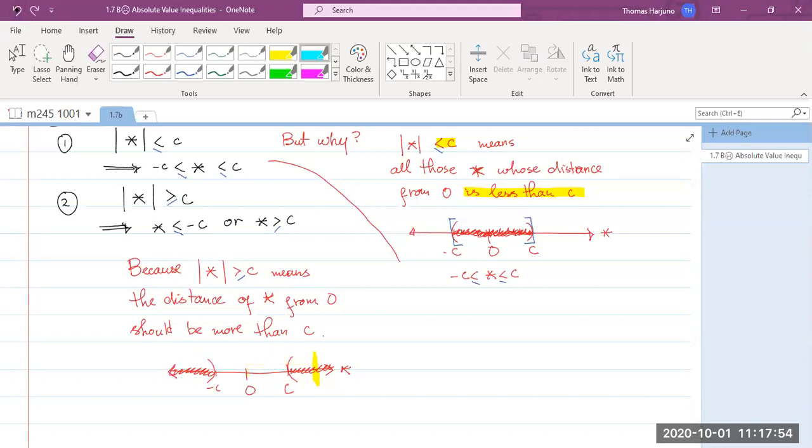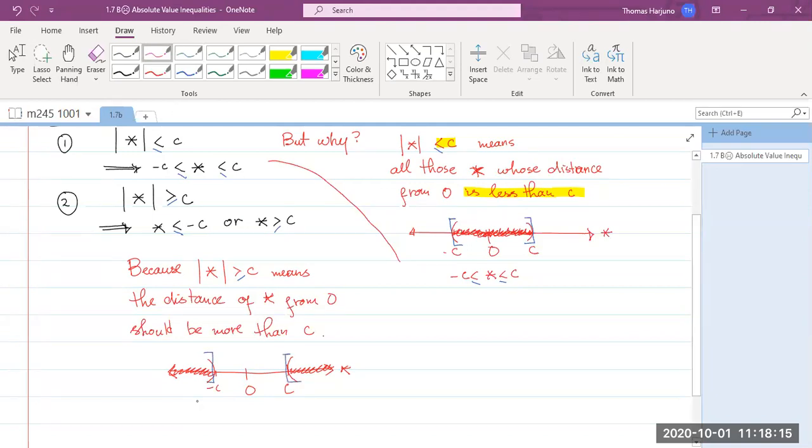Now we are interested in finding the interval at which the distance of the expression inside the absolute value is more than or equal to c. So if we have an equal sign, then we use a bracket instead.